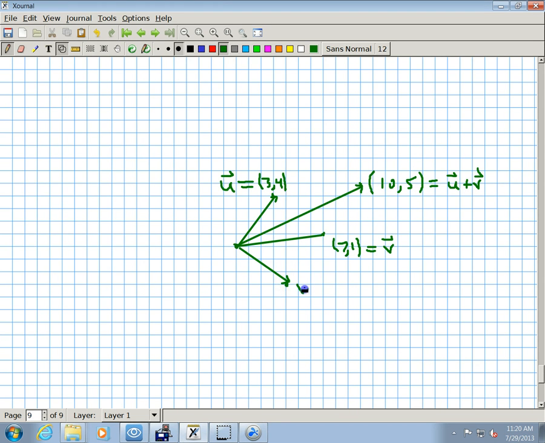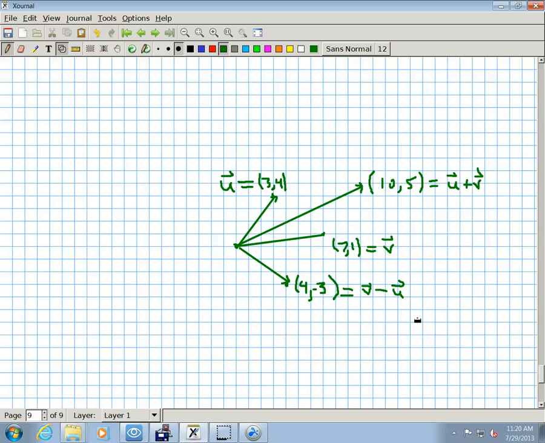This is what I'm going to call V. Well, wait. What was it? It was 4, negative 3, right? 4, negative 3. That's what I'm going to call V minus U. But where's the parallelogram? Remember what we said. How do you subtract? You never do.